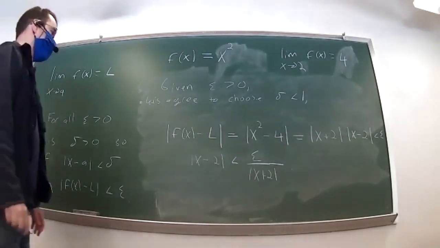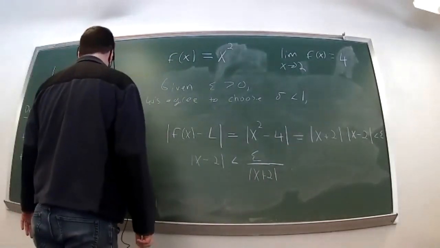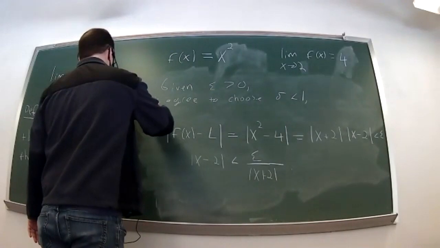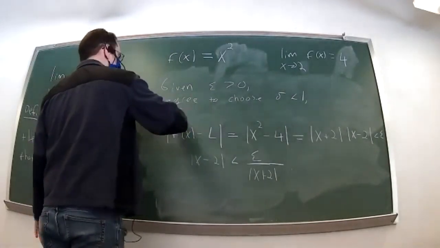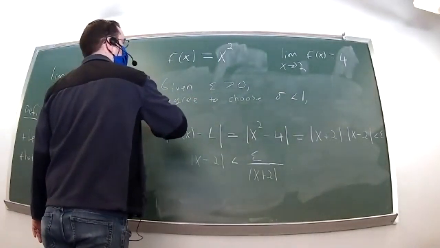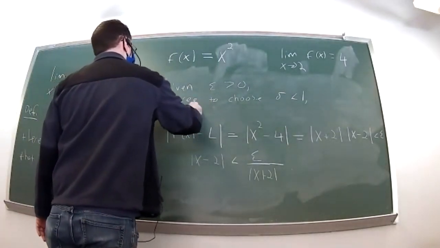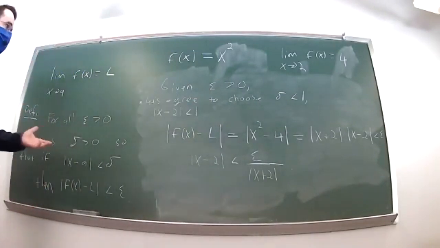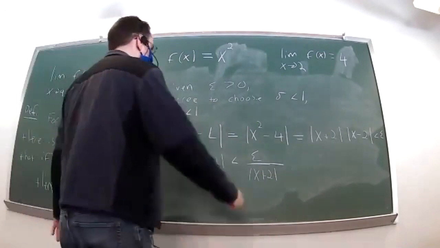And if delta is less than 1, then whenever the absolute value of x minus 2 is less than delta, the absolute value of x minus 2 would be less than 1.